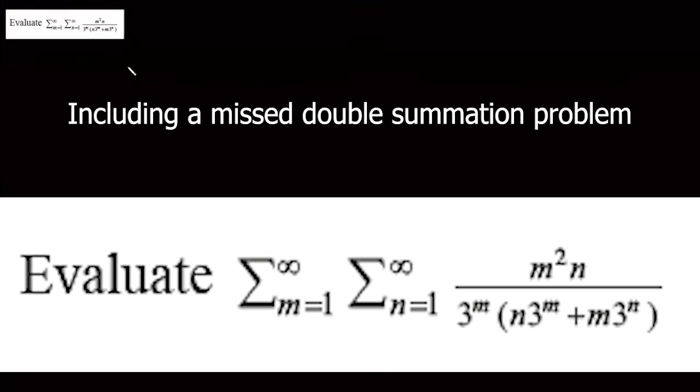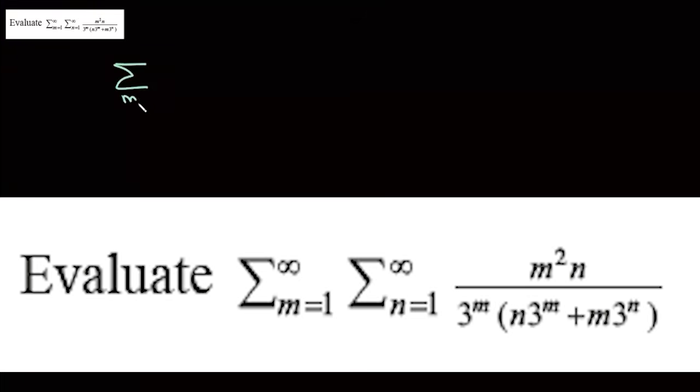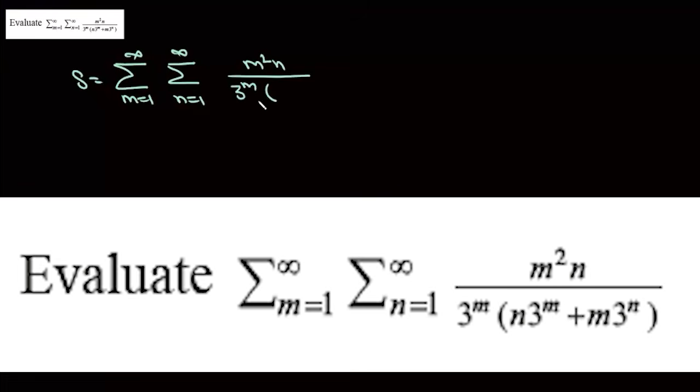Now here the question is, we need to evaluate this double summation, m varies from 1 to infinite, this summation n varies from 1 to infinite, and let this be s, and this is m square n by 3 to the power m (n into 3 to the power m plus m into 3 to the power n).